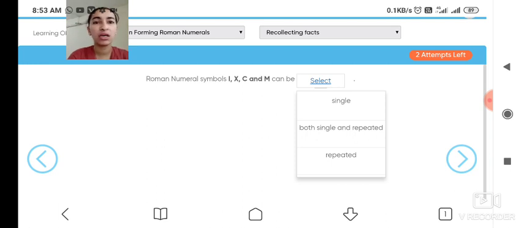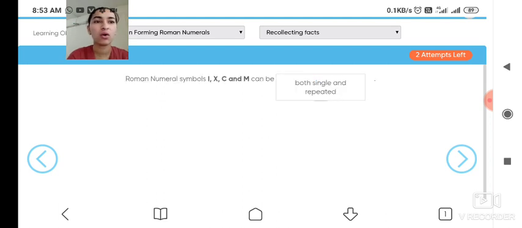We can write them as single and we can also write them as repeated. That means if I repeat double X, what does that mean? Double X means 20. Okay students, understand this?